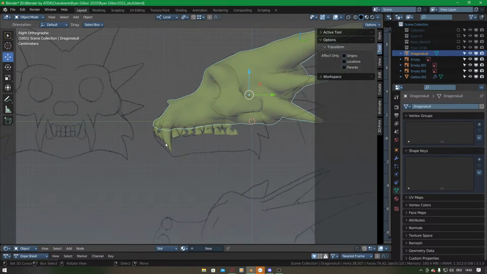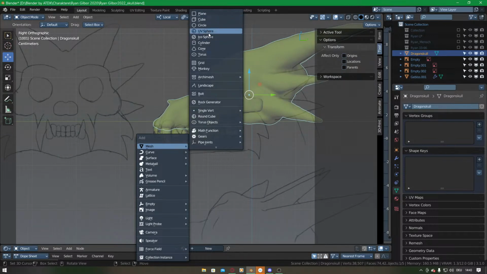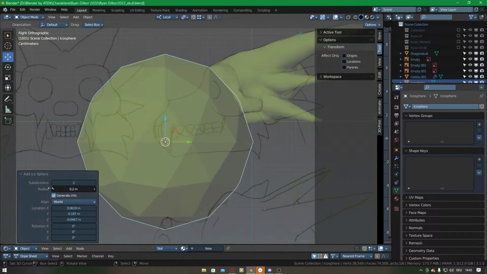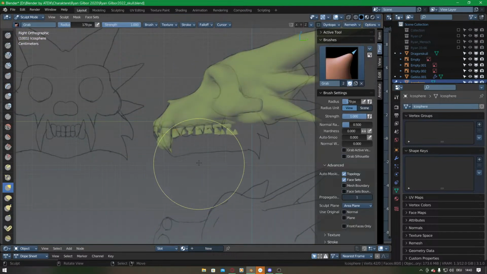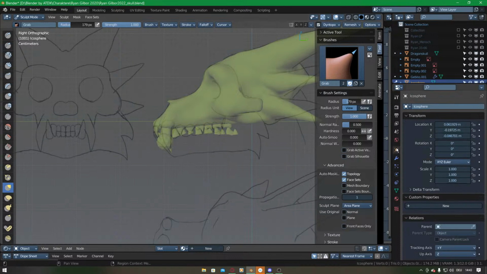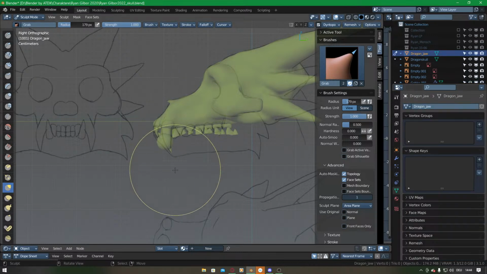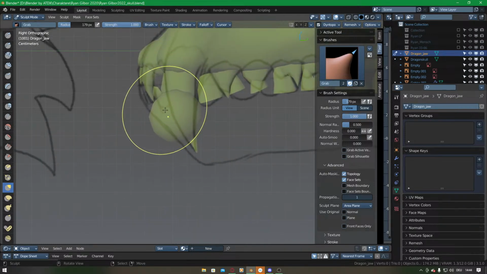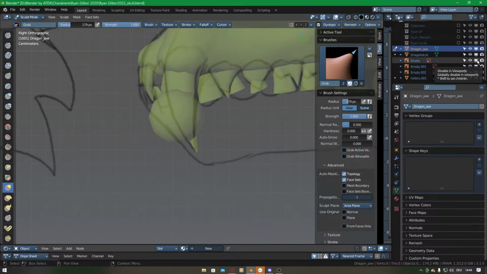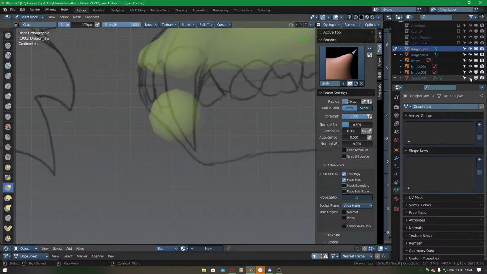Now, let's go over here, get me an ecosphere, make that sphere smaller. Going to Dyntopo and call it Dragon Jaw. Let me just turn the jaw or the teeth off for a second.